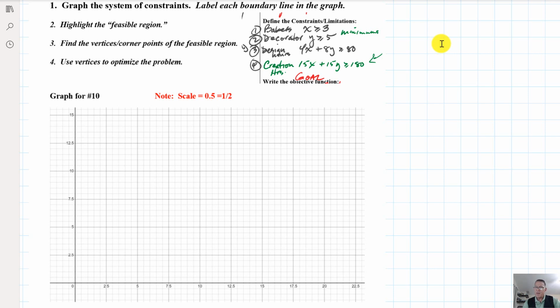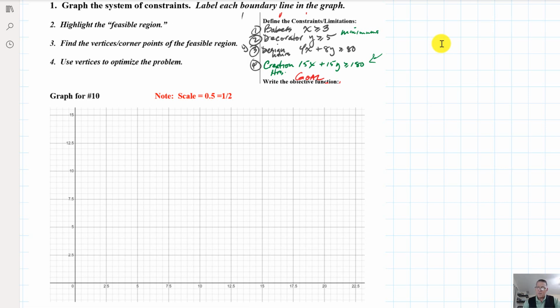All right, so the first constraint, x greater than or equal to 3. So what you need to do is find 3. And notice that the scale here from 0 to 2.5, there's 5 grid lines between 0 and 2.5. So 2.5 divided by 5 is 0.5. That's why I said the scale is 0.5 or 1/2. So keep that in mind.